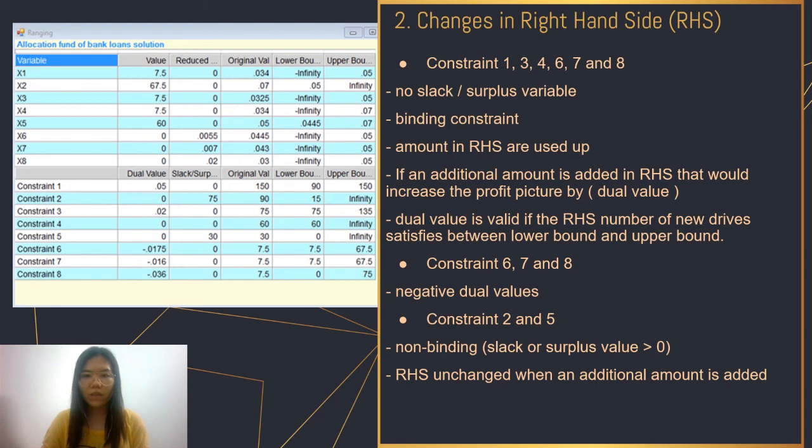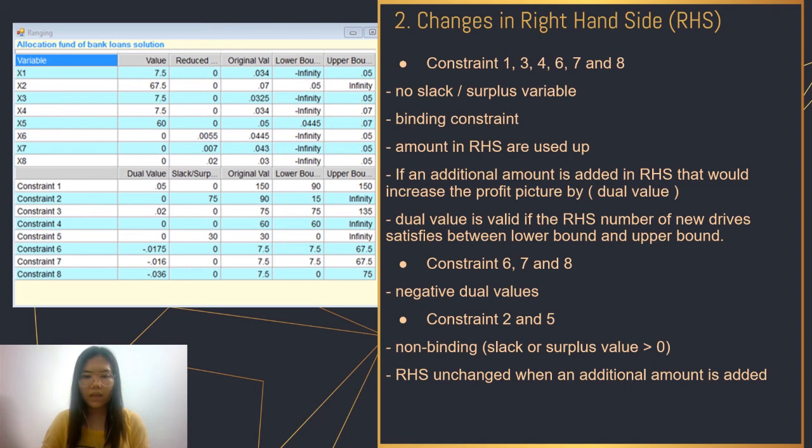Whereas the dual values of constraints 1 and 3 are valid if the right-hand side number of the new drive is satisfied between 90 billion and 150 billion and between 75 billion and 135 billion respectively. Otherwise, the constraints 6, 7, and 8 have the negative dual values.